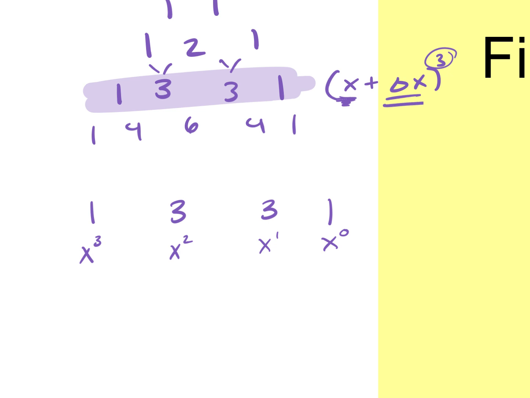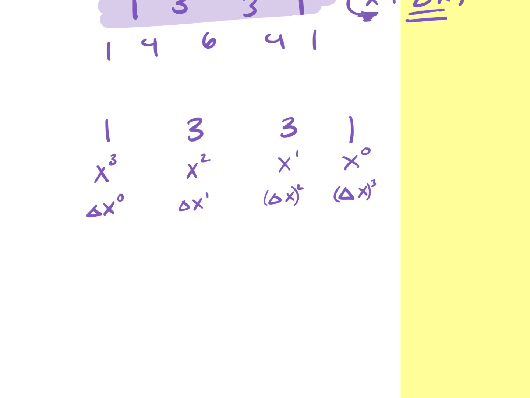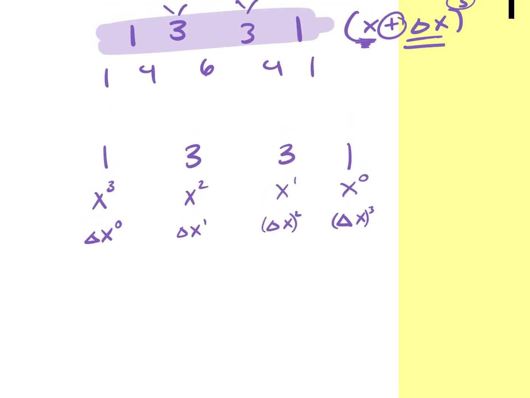Then I'm going to use my second term, so that would be dx. We start from 0 and go up from there. So dx to the power of 0, dx to the power of 1, dx to the 2nd power, and dx to the 3rd power. I'm going to put it in parentheses so we don't get confused. Because it's a plus, all of our signs are going to be plus.